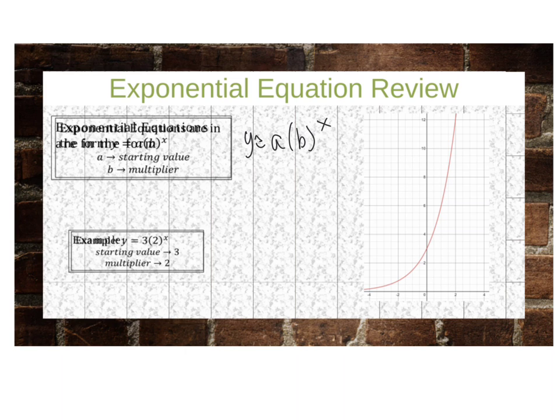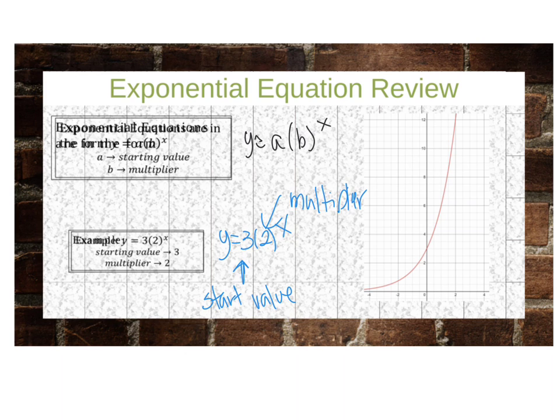Down here it just says example. Can't see it because for some reason it's ghosted like the title above. The example is y equals 3 times 2 to the power of x. 3 is the starting value and 2 is the multiplier.